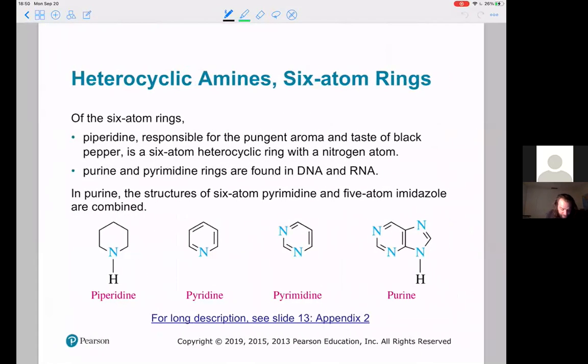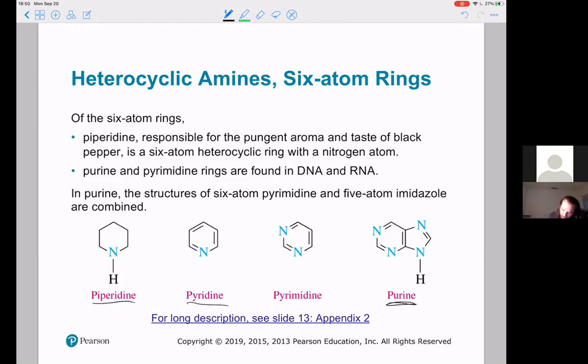You can have 6-membered rings. So again, we sort of saw piperidine, which is one of the active ingredients in black pepper. There are other ones. Pyridine is a really famous weak base that's used in organic chemistry because it's nonpolar. It can dissolve in nonpolar solvents, but it still plays the role of a base, accepting a proton.